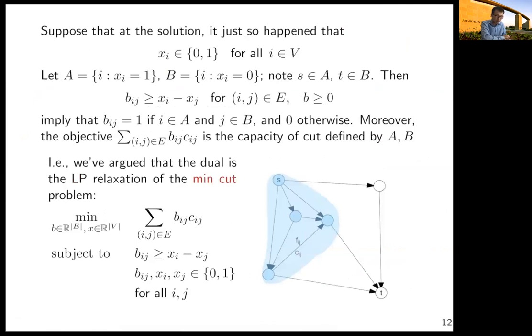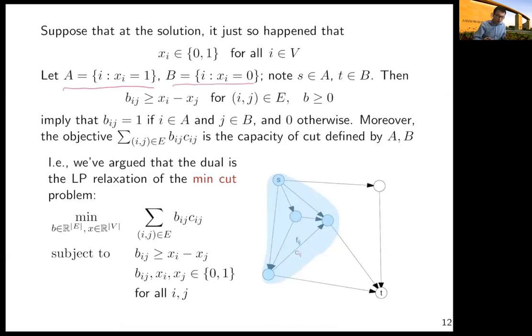Let's just say that this is either 0 or 1 for all vertices, and that partitions, just like the max cut problem that we've seen before, the graph into two pieces. In the one piece, all the vertices that have Xi equal to 1. The other piece is all the nodes that have Xi equal to 0.